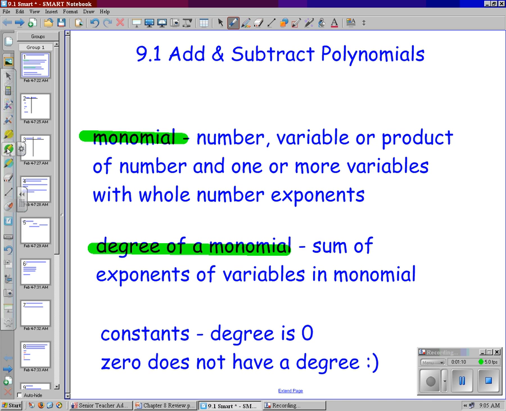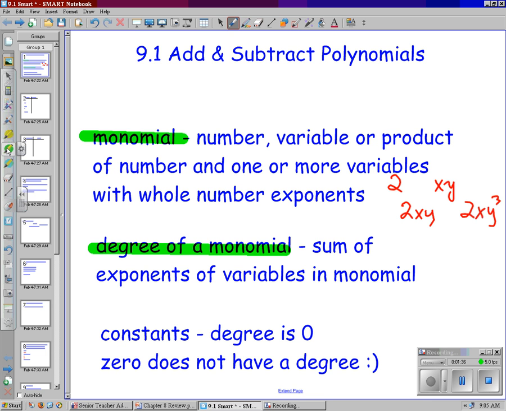So let's put up an example of what we're talking about here. We could have 2 is a monomial. x times y is a monomial. 2xy is a monomial. 2xy to the third is a monomial. Notice that there are no addition or subtraction signs in there.